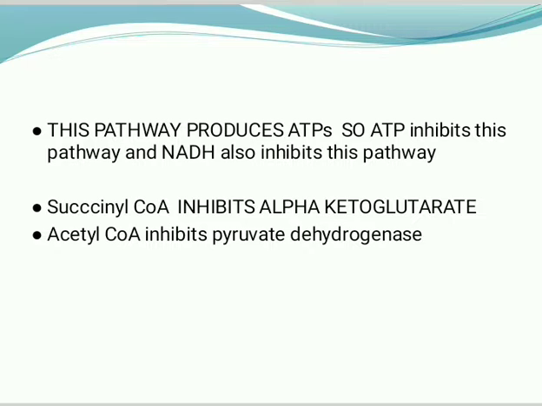Whenever a large amount of ATP is present in our body, that inhibits this pathway, and NADH also inhibits this pathway, because our body gets a signal that we already have enough ATP and NADH that can produce ATP, so there is no requirement for the TCA cycle.